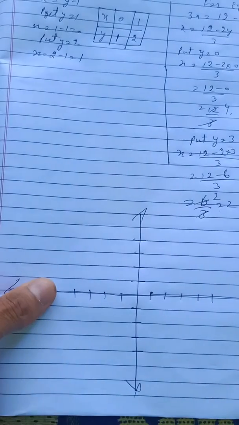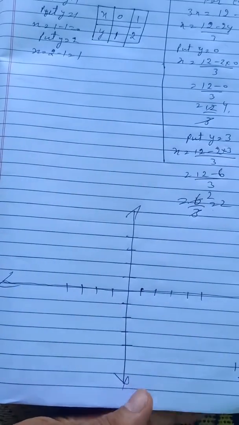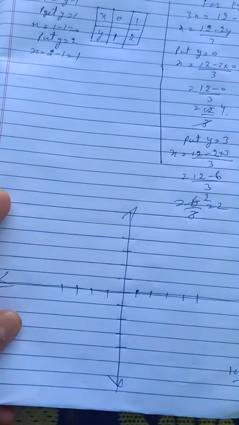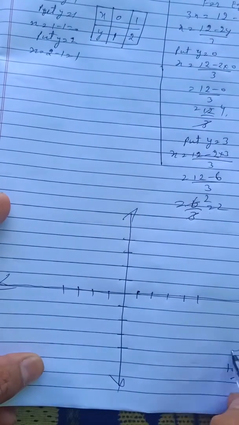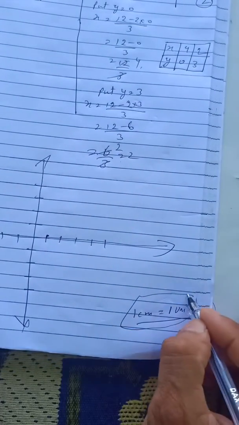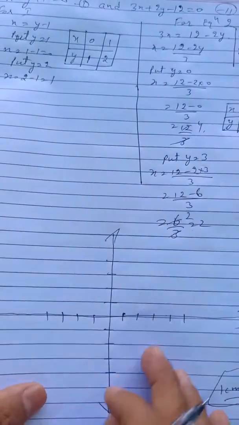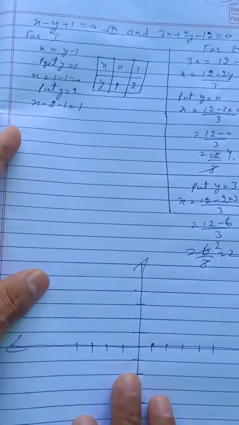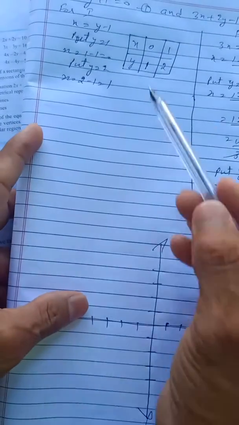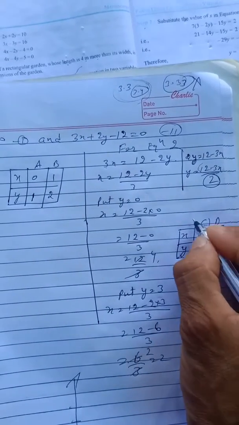In the graph we discussed before, we forgot to write the scale. So you have to write the scale for every graph. If you do not write the scale, the examiner will cut half a mark or 1 mark, whether your graph is right or wrong. Now this is A, this is B, this is C, and this is D.